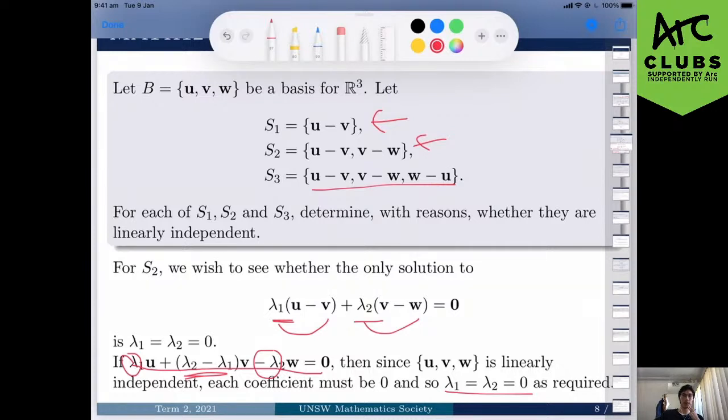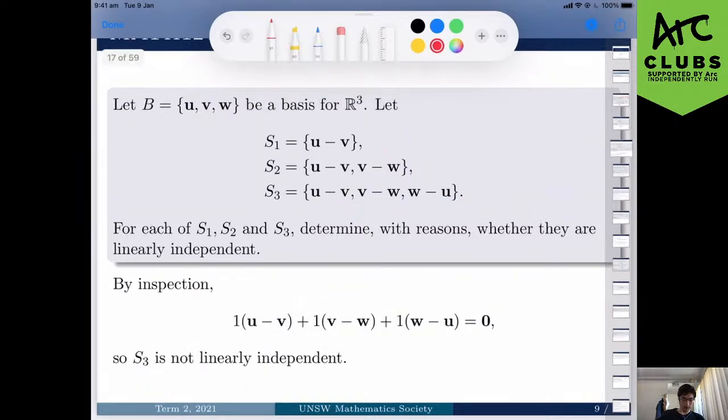And the third one, if you just try some not even that random stuff, you can just add them together and you see that you have a u, a minus u, a w, a minus w, and a v and a minus v. In that case, they all cancel out if you add them together. So by inspection, if you have all coefficients as 1, then they'll add up to 0. So it's not linearly independent.